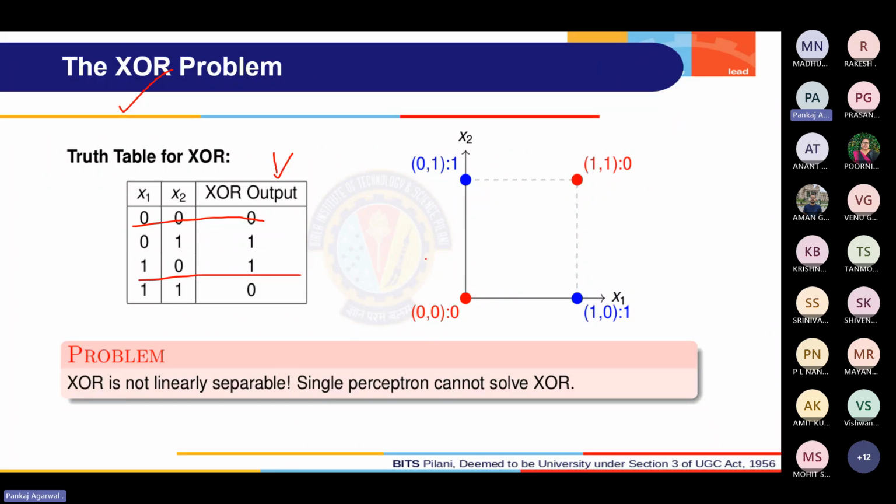So that is where we would take up this problem XOR, and see how we can use something called a multi-layer perceptron rather than a single layer perceptron. By using a single layer, I was not able to solve even a simple problem like XOR. So in this session we would shift our attention towards multi-layer perceptron.